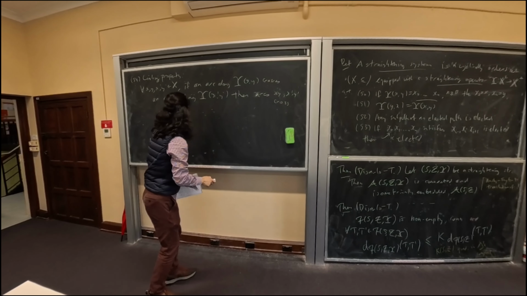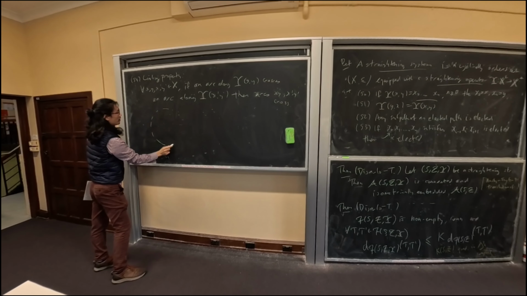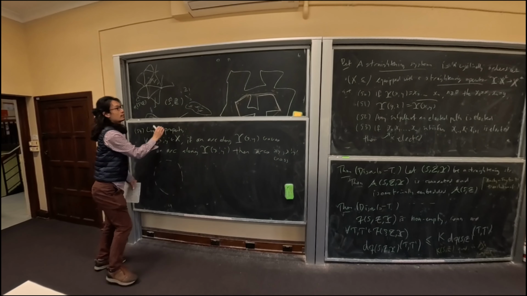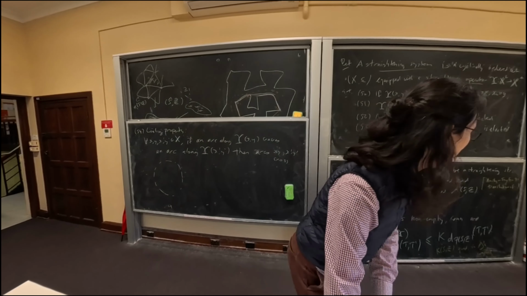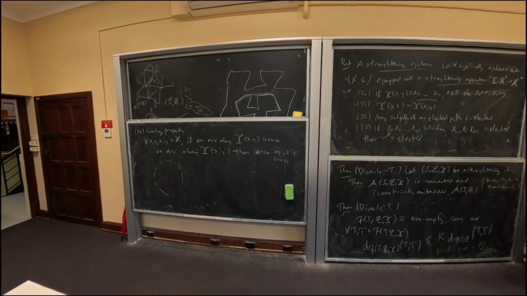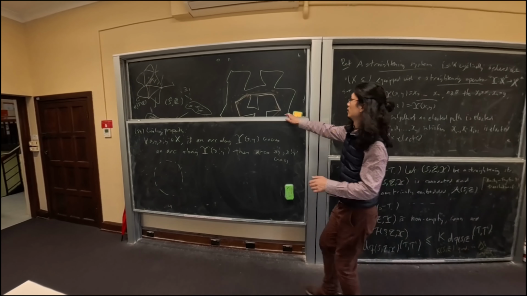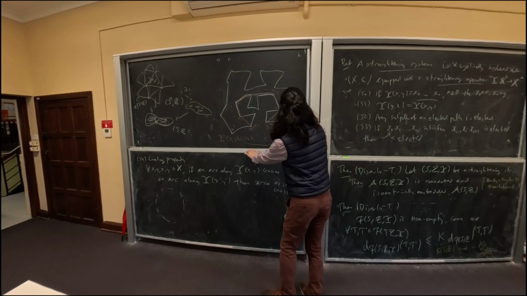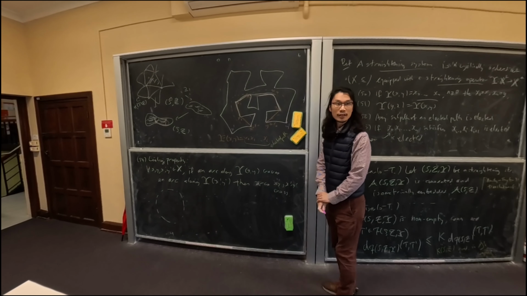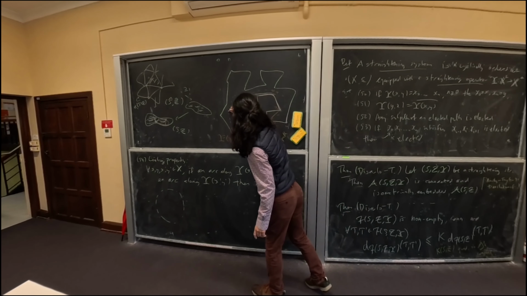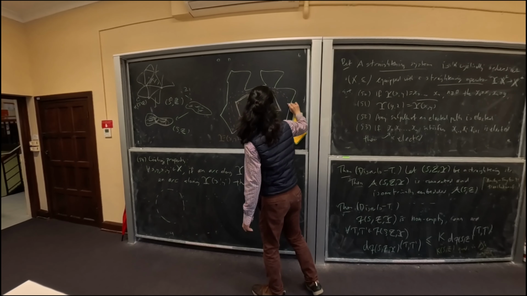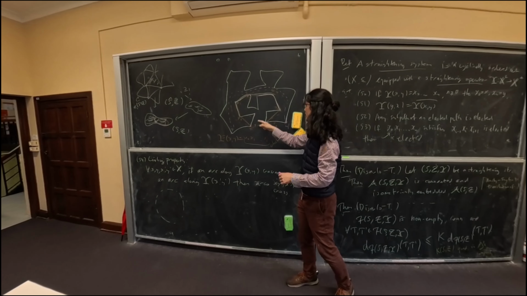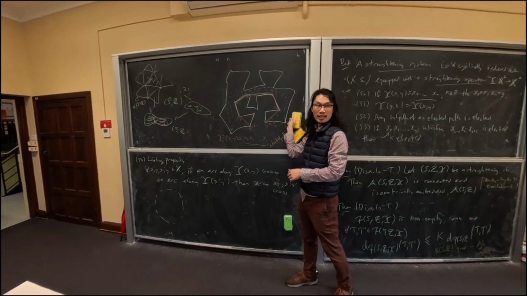So what does that mean in terms of the cyclic order? Maybe I'll just do it in this picture. Let's say I take this one to be x', and this one to be y'. These two arcs in the cyclic order do not cross. Their endpoints do not link at infinity, so you don't alternate between the endpoints.